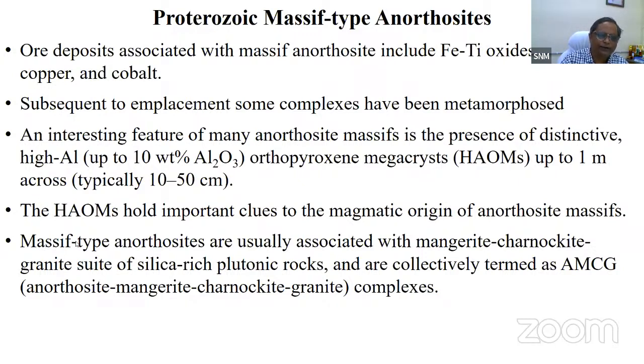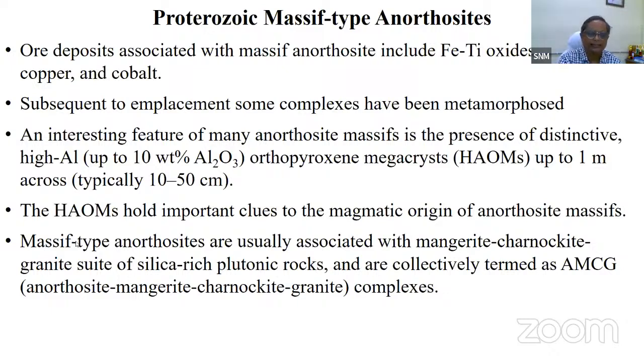The alumina content in pyroxene is an indicator of high pressure. That means these rocks must have formed at a great depth. Only then can this kind of aluminium be incorporated in the pyroxenes. So this is a petrogenetic indicator, HOM, that is high alumina orthopyroxene megacryst.